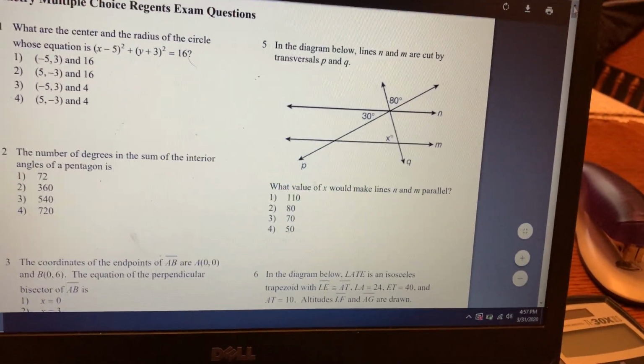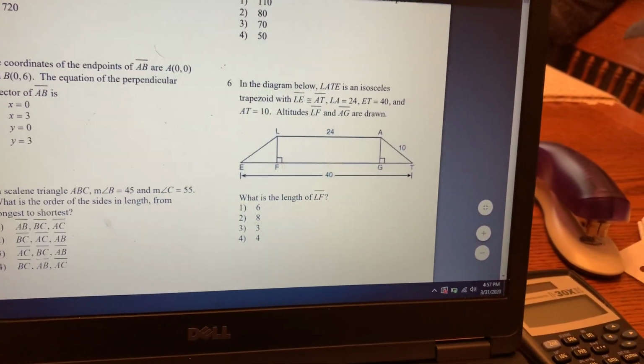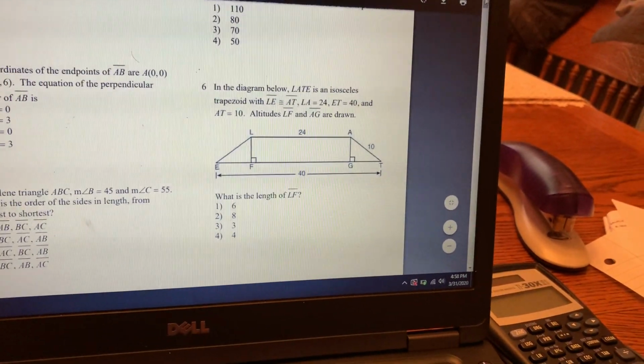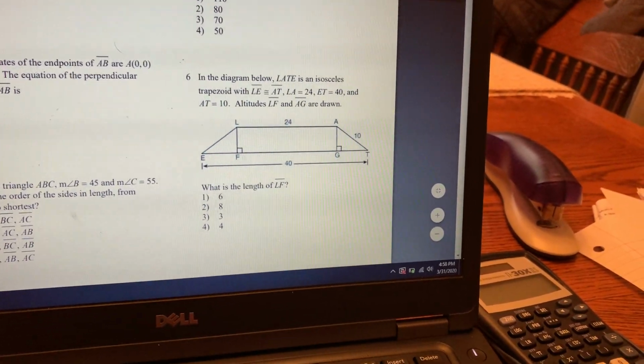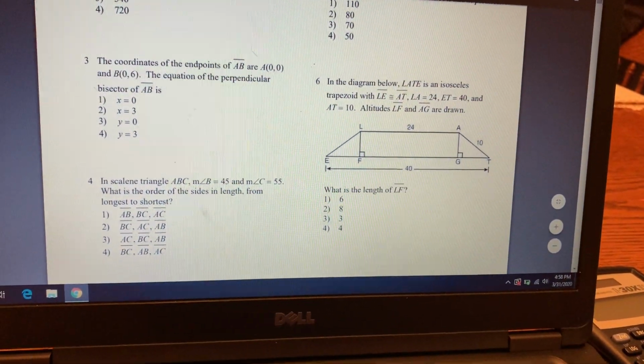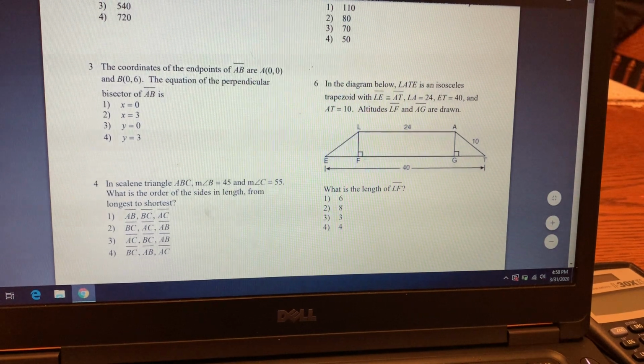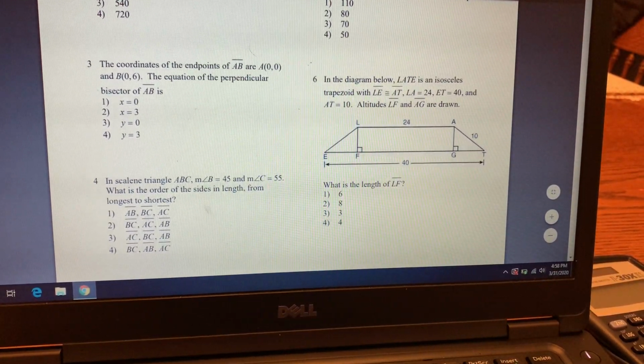All right. I asked one on the first page. In the diagram below, LATE is an isosceles trapezoid where line segment LE is congruent to line segment AT.